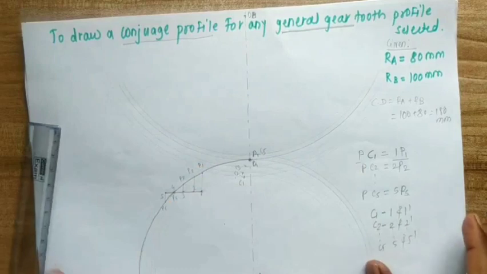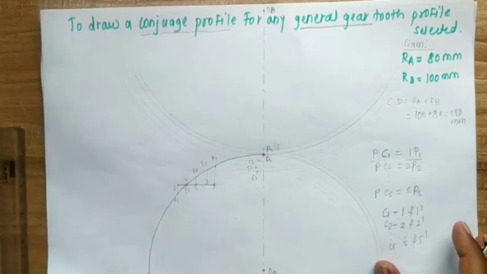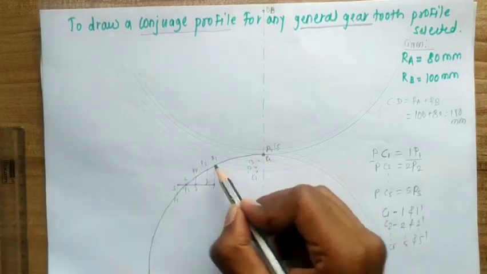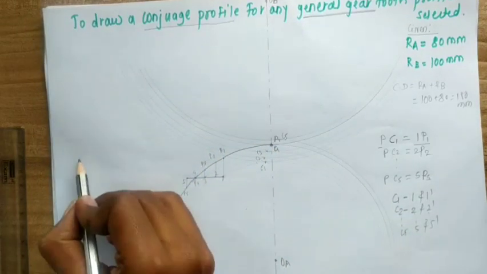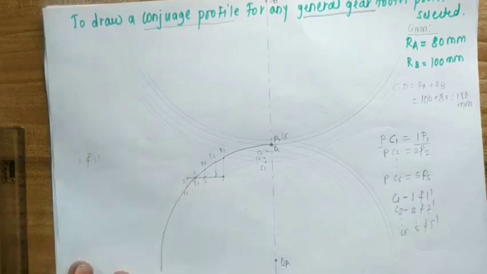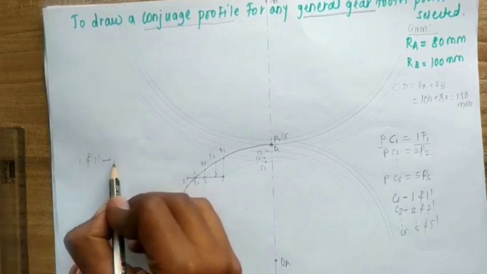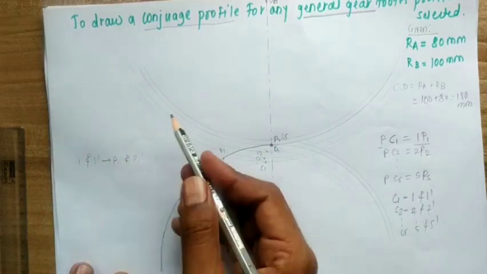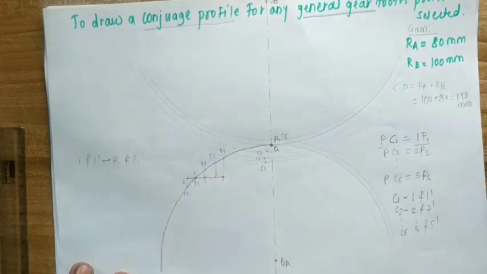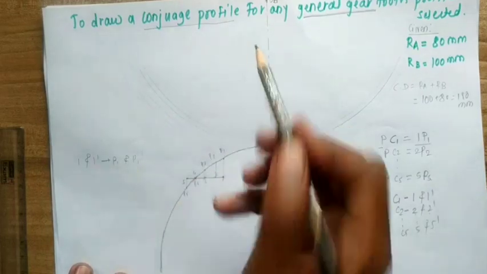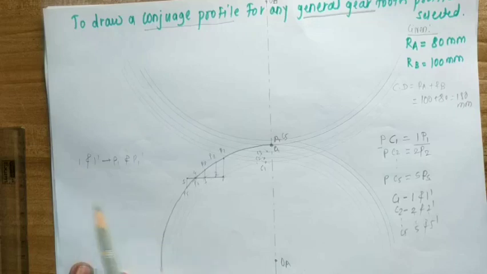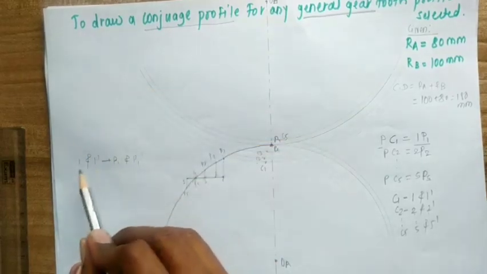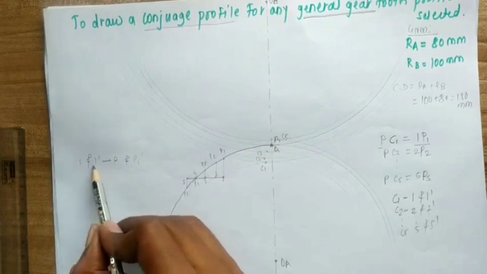For this, what we use is, now we know that 1 dash will be on the locus of C1, but I know arc P1. Now you can notice here, if 1 and 1 dash are corresponding points, similarly P1 and P1 dash are corresponding. Means if P1 is on gear A, P1 dash will be on gear B. And if 1 is on gear A, 1 dash is on gear B. So here I have to find out 1 dash and P1 dash.